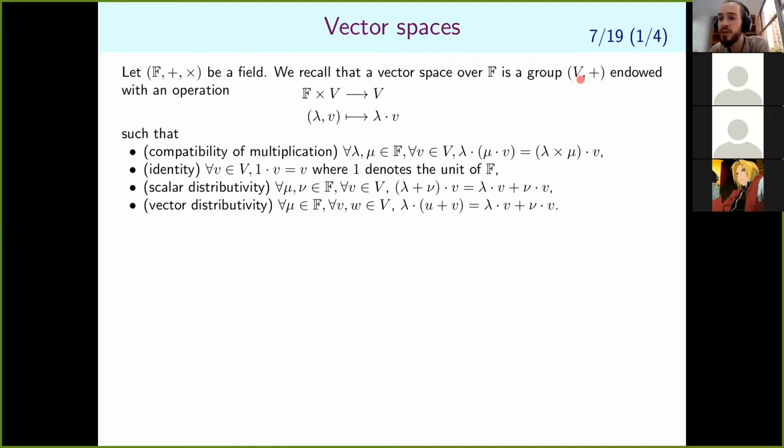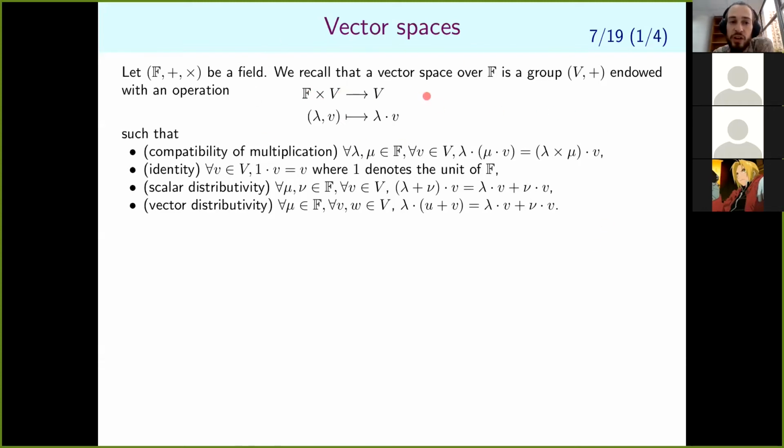I use V instead of G so that we see that it's not only a group, it's even stronger, it's a vector space. So it's a group, V plus, with another operation called scalar multiplication. You are allowed to multiply an element of the field and an element of the group together.